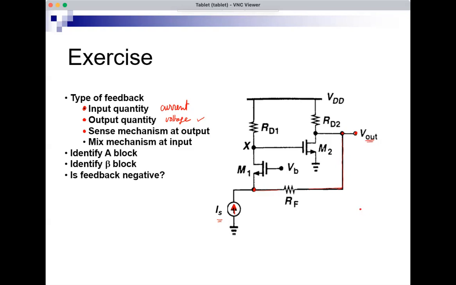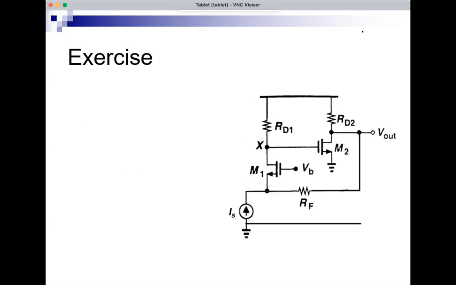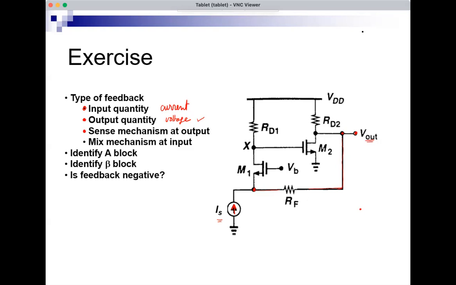So this is ground here, and V out is this. So that's the output plus minus.